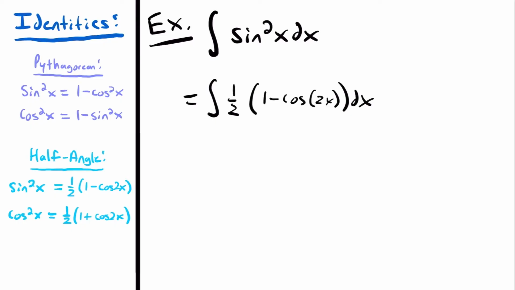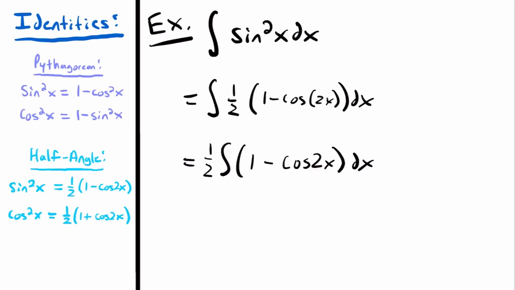If we pull that 1/2 to the outside of the integral, this will be equal to 1/2 times the integral of 1 minus cosine of 2x dx. Now what we can do is split up this integral into two integrals. We'll have 1/2 times the integral of 1, and then subtract 1/2 times the integral of cosine of 2x.